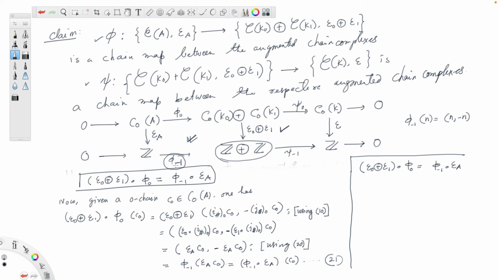So this is epsilon 0 direct sum epsilon 1 composed with phi 0, this path which takes c0 of a to the direct sum of z with itself. And phi minus 1 composed with epsilon a is this path via which c0 of a is going to the direct sum of z with itself. Okay, in other words, this square commutes.